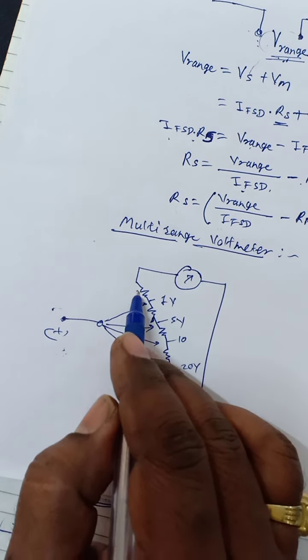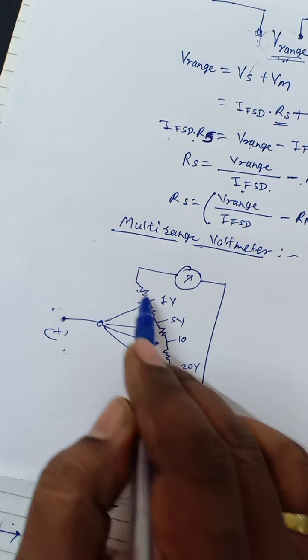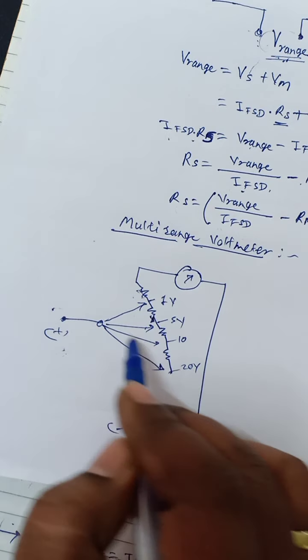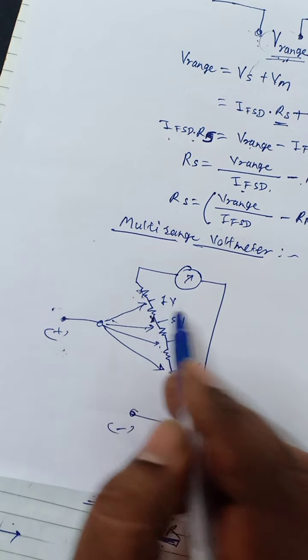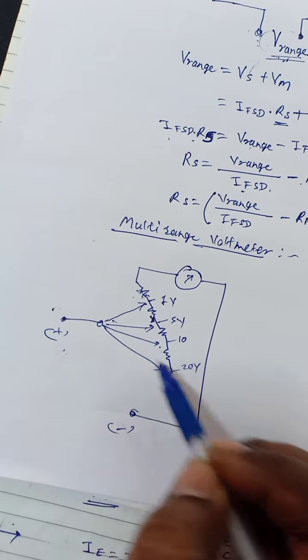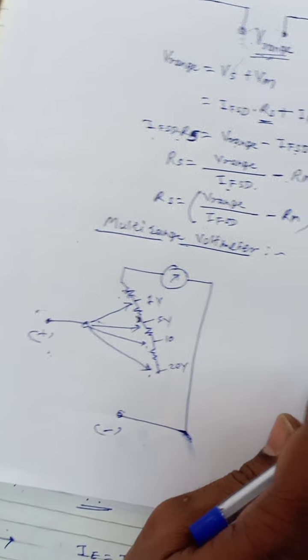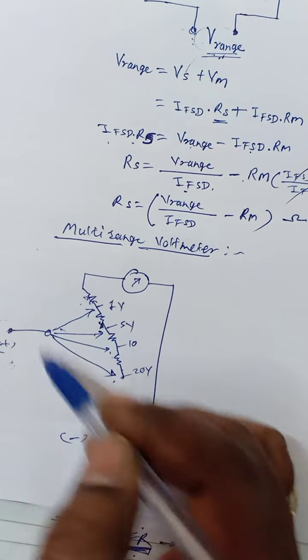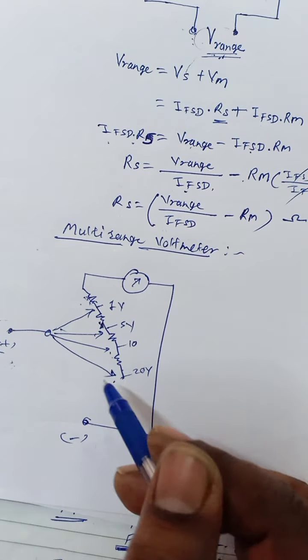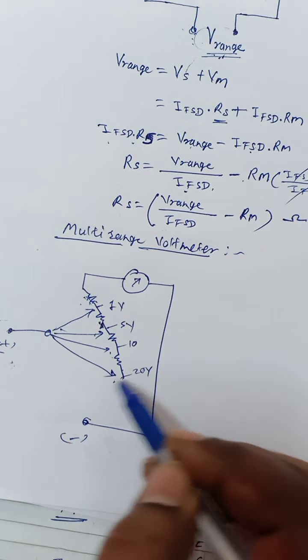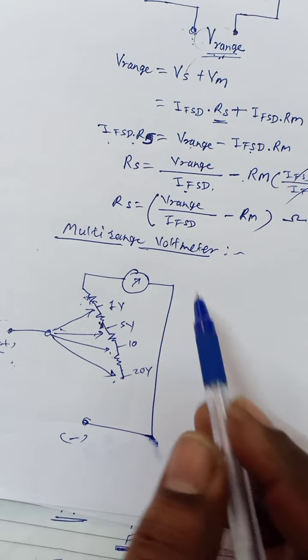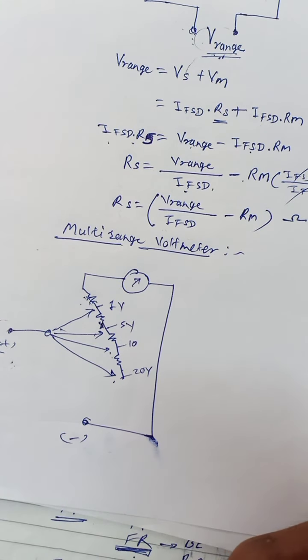If we select this one, series resistance becomes the addition of these two. If we select this one, it becomes the addition of these three. If we select this range, then series resistance is the addition of these four. So this is a multi-range voltmeter. This doesn't have any disadvantages. This is the correct way to connect the resistors with the PMMC.